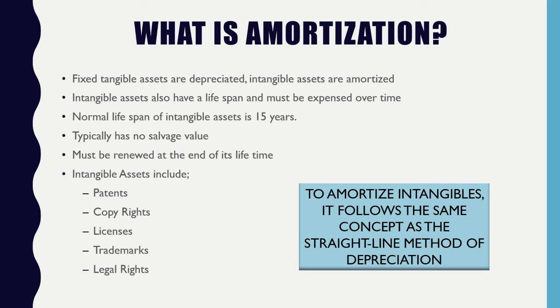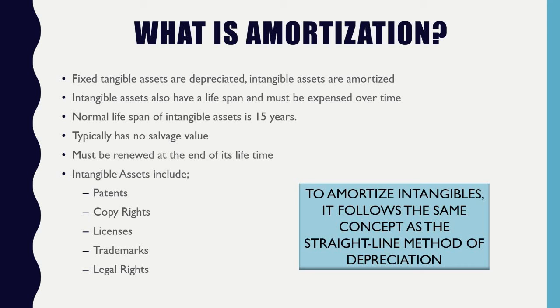At the end of the day, the concept is all the same. We're going to spread its cost, and because we're using it, we need to represent how we use it, because our asset's not going to hold its value over time the more we keep using it.